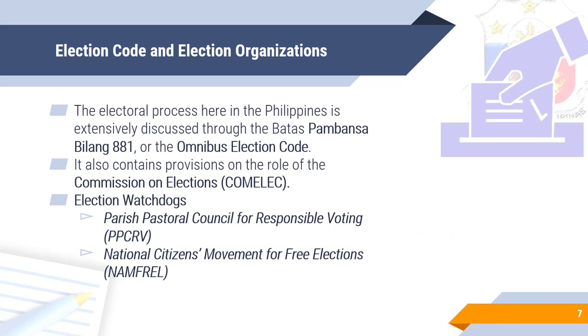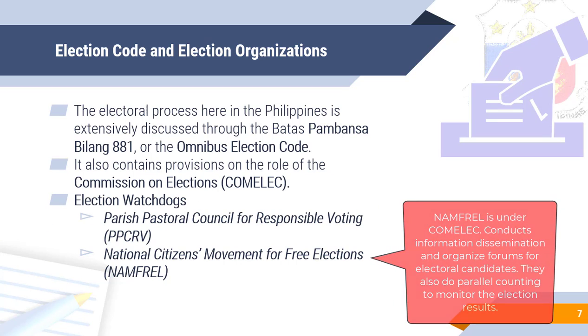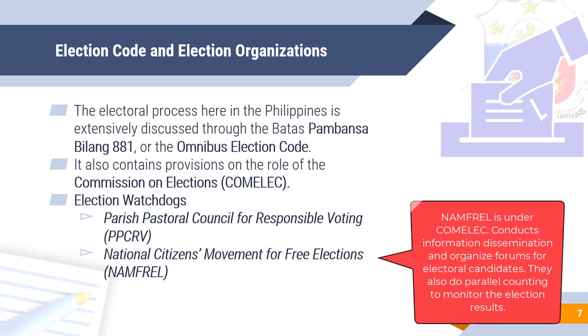The National Citizens Movement for Free Elections, or NAMFREL, is under direct control of COMELEC. They conduct information dissemination, campaigns and organize forums involving the election candidates. They are also obliged to inform COMELEC of violations during elections, and do parallel counting of votes in order to monitor proper results of the elections.